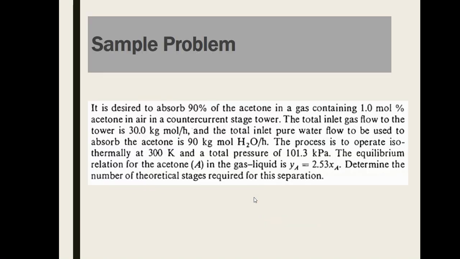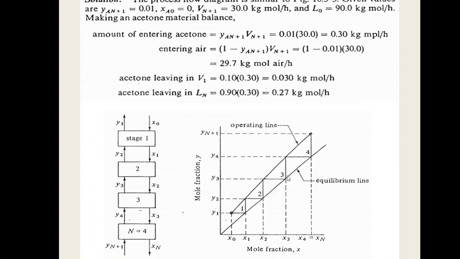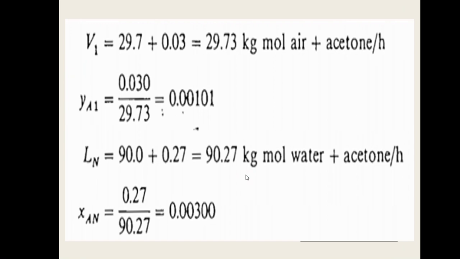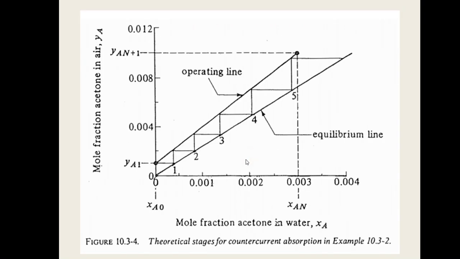Now, we have a sample problem here for the determination of the theoretical number of stages. And this one is taken from John Copley. So just read through so that you'll be able to know how analytically the Kremser equation helps us to find the number of theoretical stages for a particular problem.